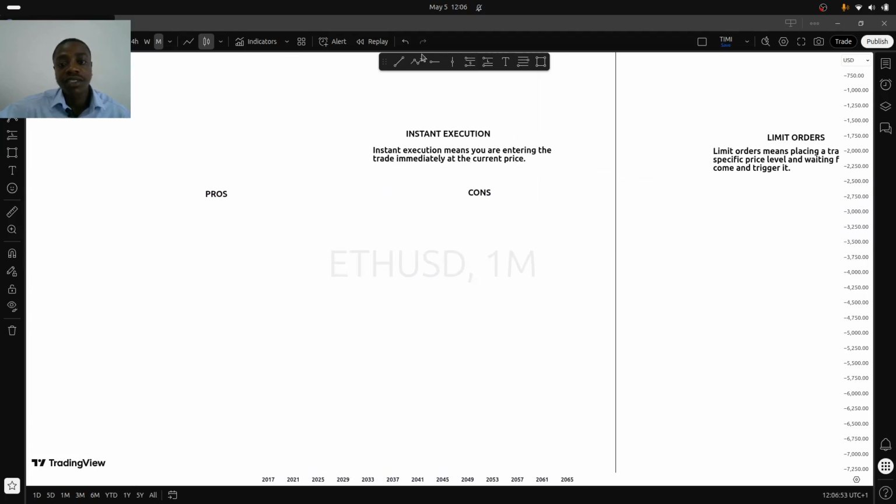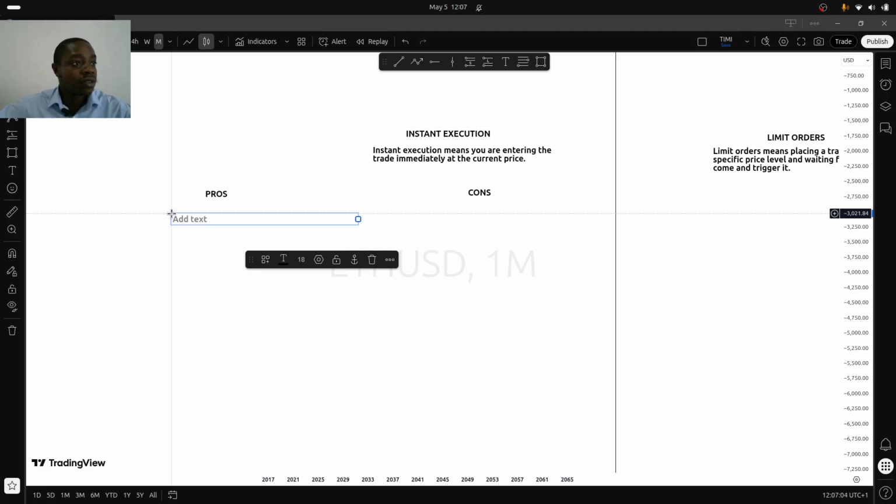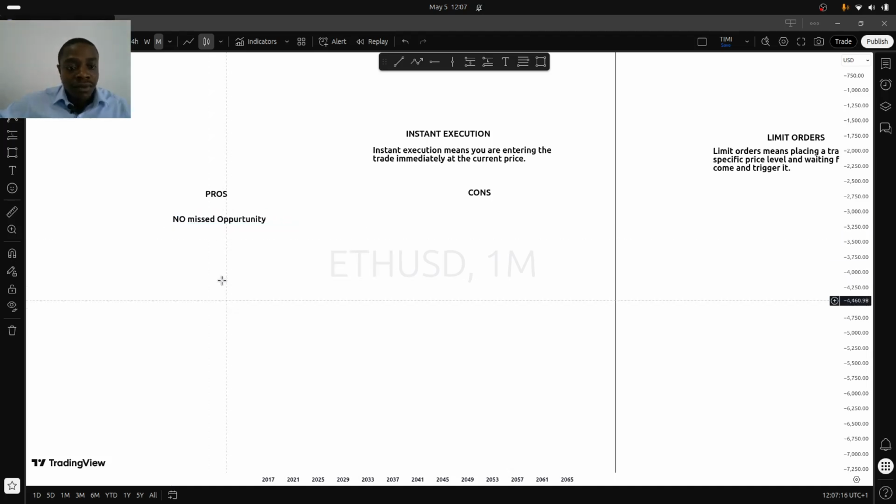When we talk about instant execution, one of the pros is no missed entry. You are not going to miss your entries, or your opportunities, because there is no waiting.